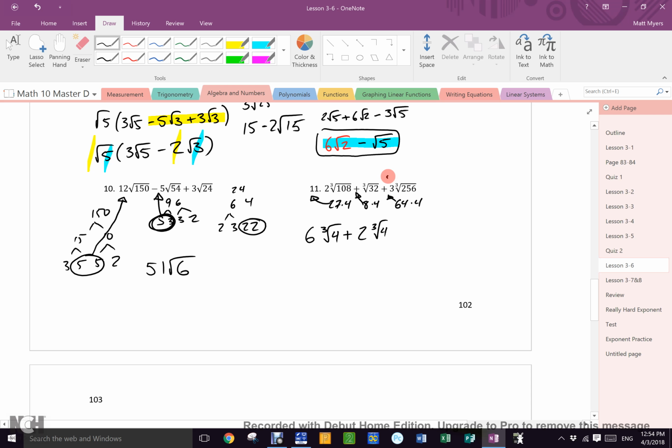So out comes a 4. What's already out there? 12 cube root 4. What do you notice about that, and that? They're like terms. So what can I do with their coefficients? Add them. 20 cube root 4.